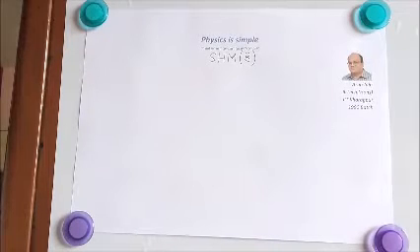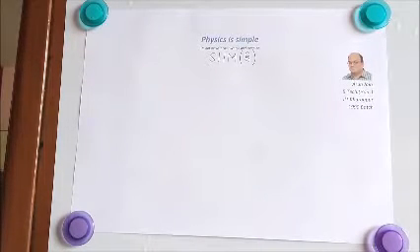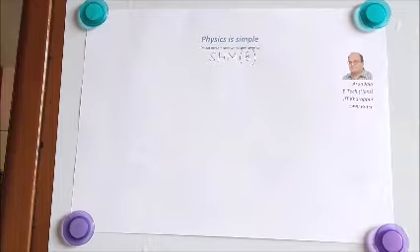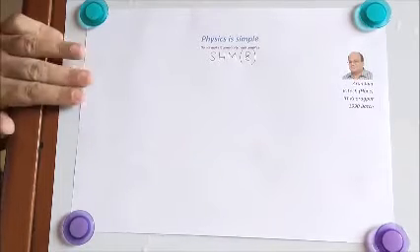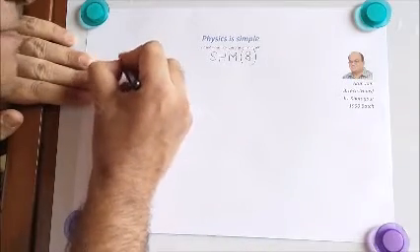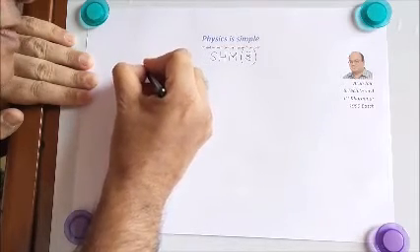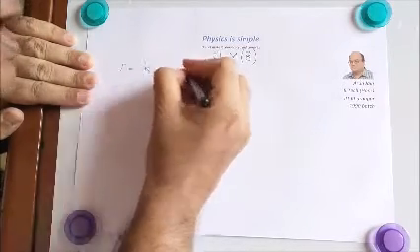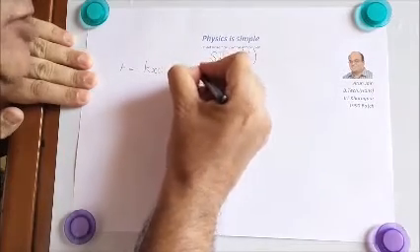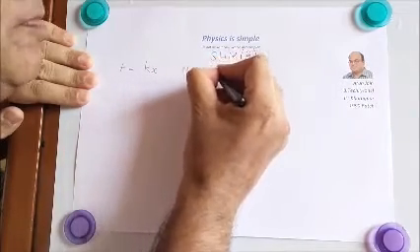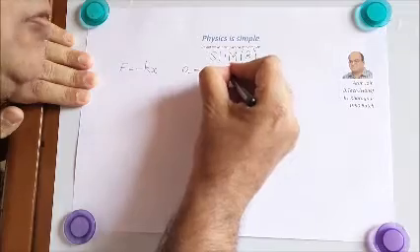In this lesson, we are going to discuss some important points about SHM. In SHM, F is equal to minus kx and acceleration is equal to minus omega square x.